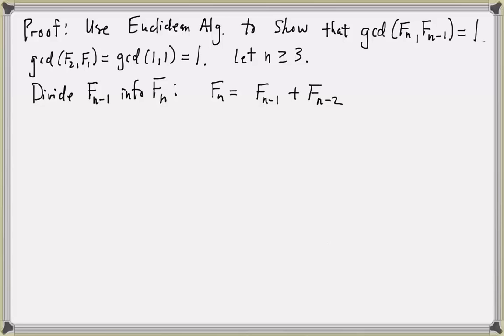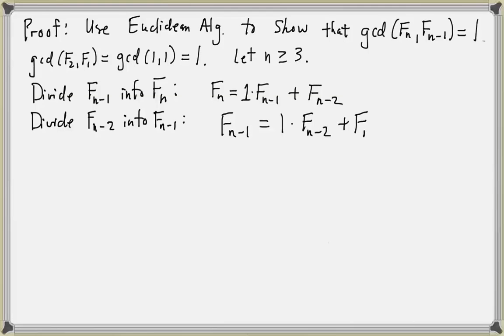So Fn will equal 1 times Fn minus 1 plus a remainder of Fn minus 2. Then I'm going to divide the remainder Fn minus 2 into Fn minus 1. But again, we see that Fn minus 1 will equal 1 times Fn minus 2 plus the remainder Fn minus 3.